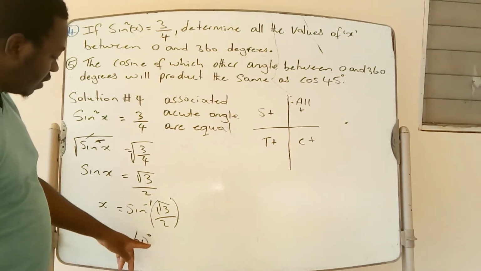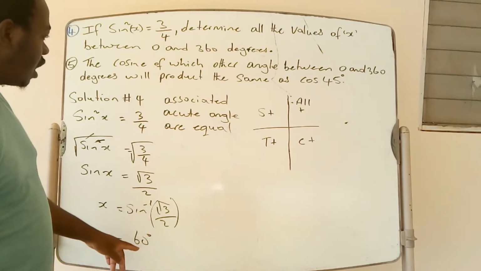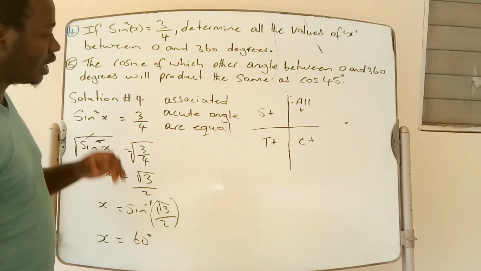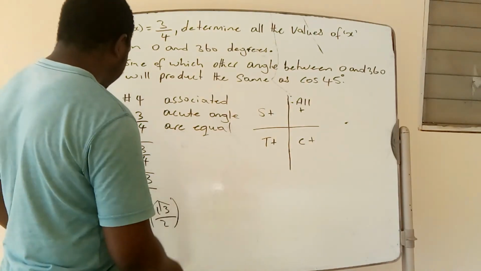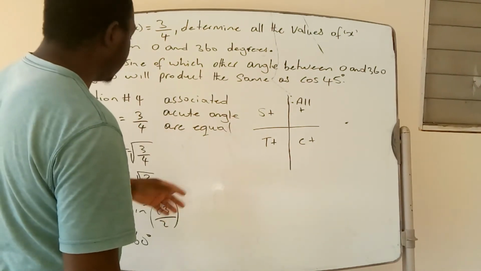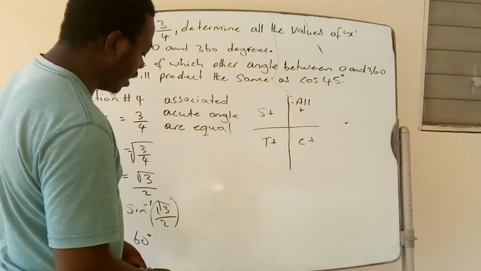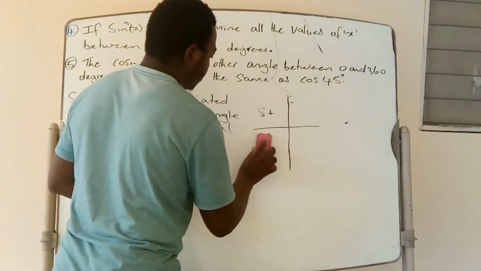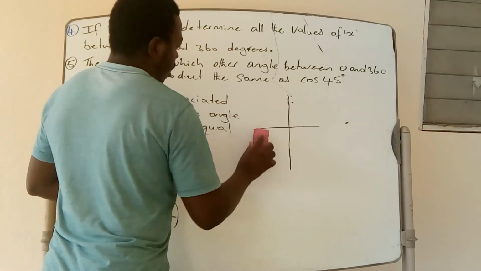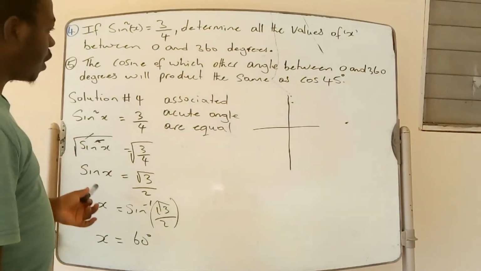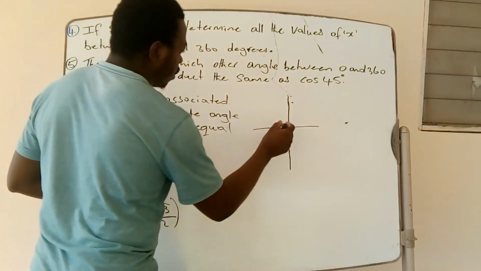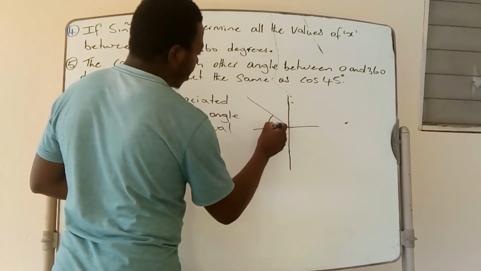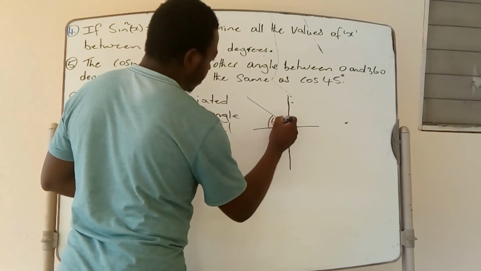So this is an acute angle, so it means that we can use it to find the other associated acute angle, right? Now we know that sine is positive in the second quadrant, right? So what I'm going to do, I'm going to erase all of these for now, and I'm going to represent this problem on the quadrant here. So if I have a line projected from here, let's say that this angle here is my 60 degrees.